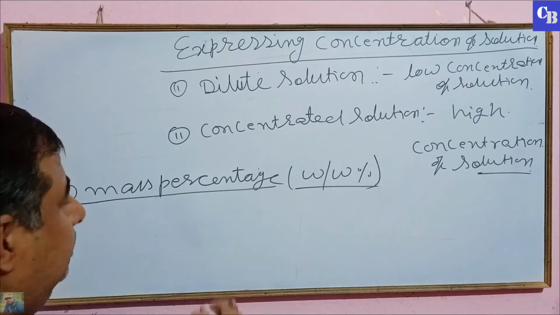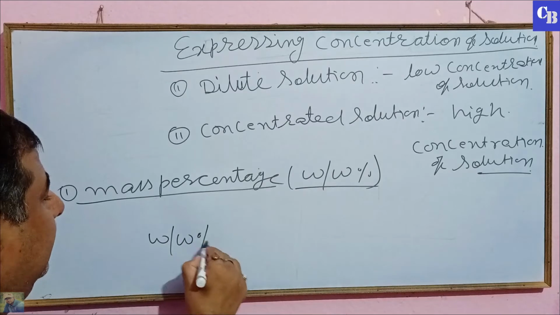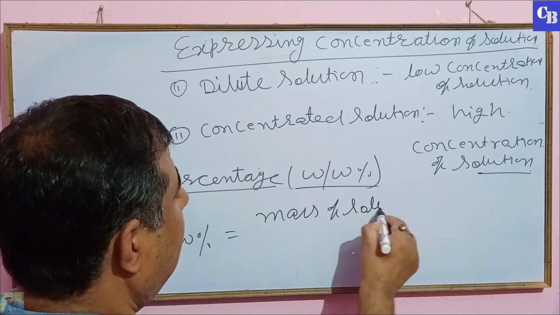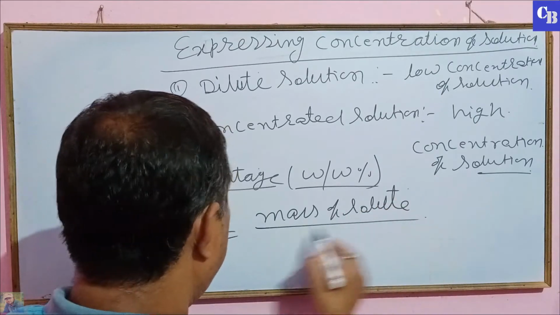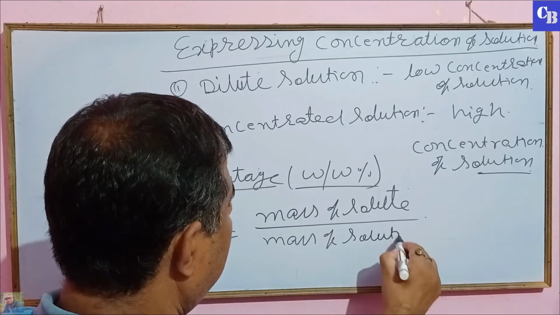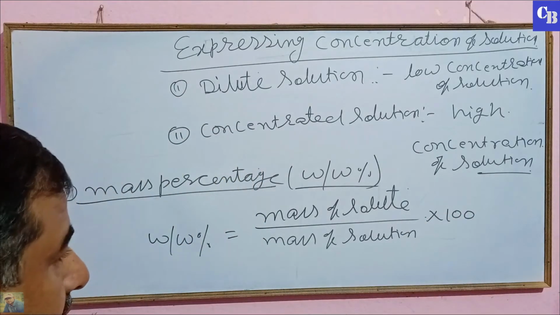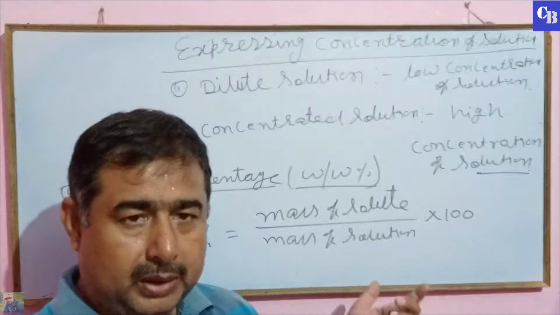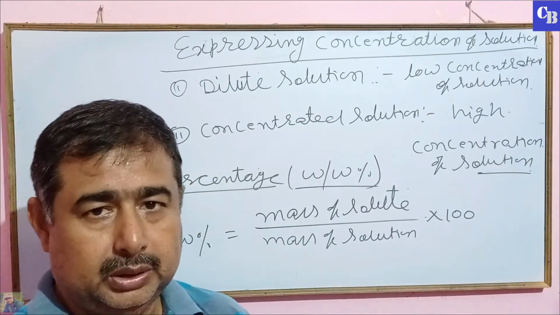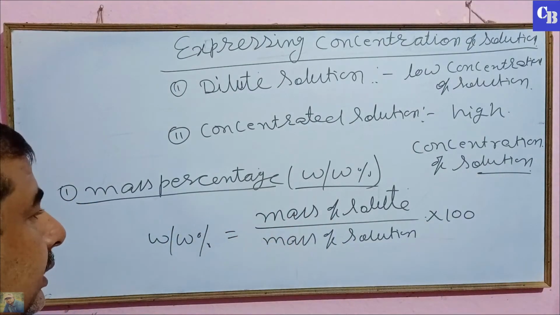That is called W by W. And so W by W percent equals mass of solute divided by mass of solution into 100. Means mass of solute present in per 100 gram of solution is called W by W percent or mass percentage.